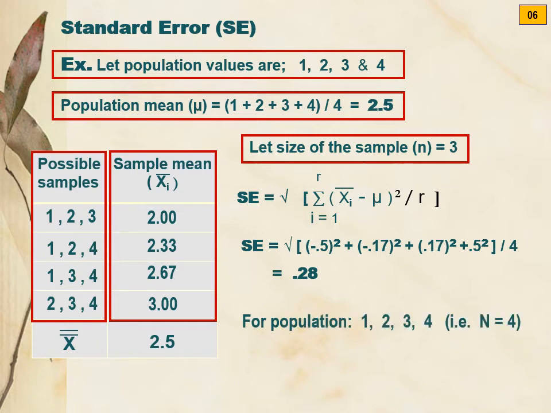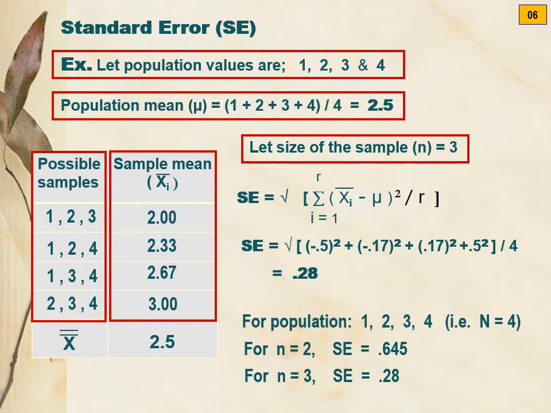That is, you found that for a population of size 4, if your sample was of size 2, the SE was 0.645, and when the sample is 3, SE equal to 0.28. Okay, it was a very small population of 4 units only. You managed to calculate all possible samples and their means, and then you calculated the SE.